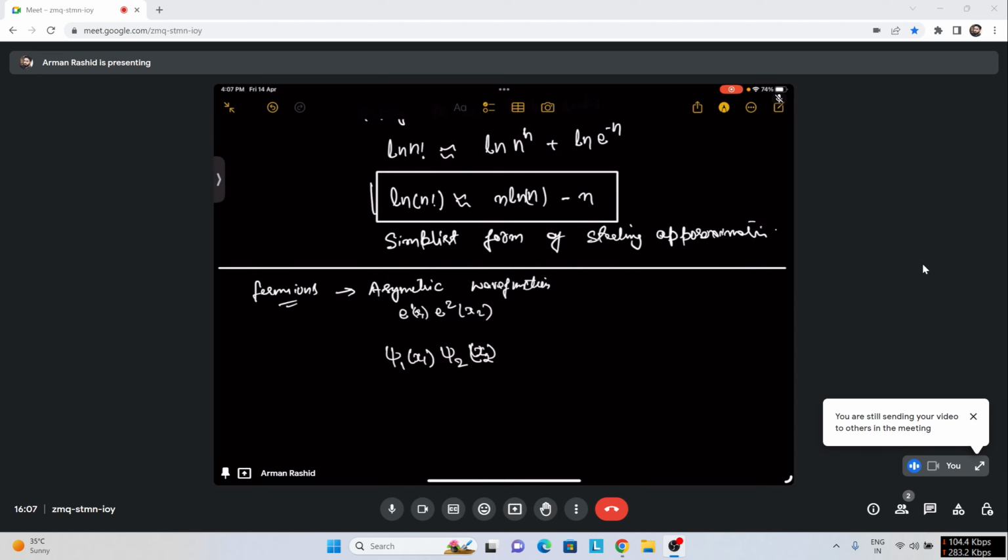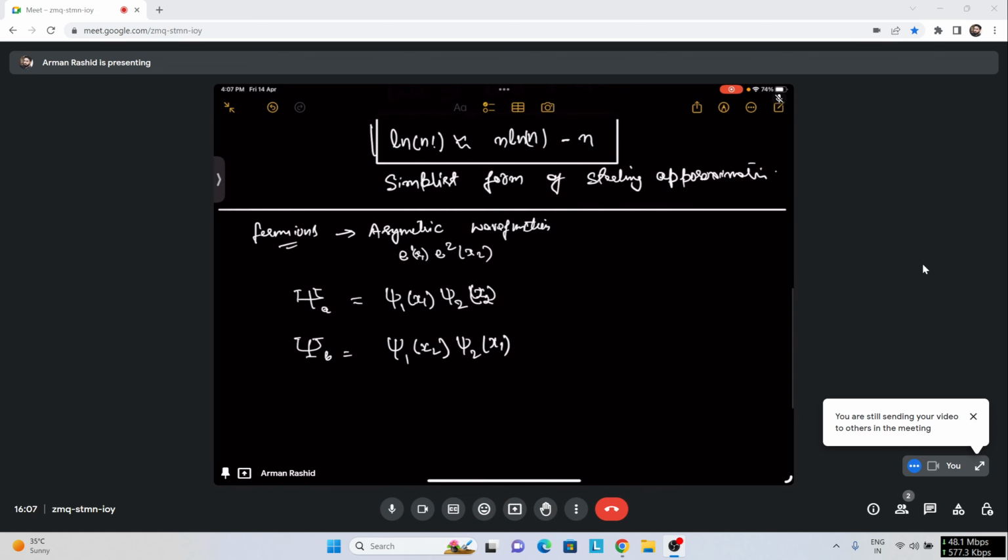Now I will call this psi a. But there can be another possibility, psi b, because these are indistinguishable: psi 1 is at the x2 place and psi 2 is at the x1 place.